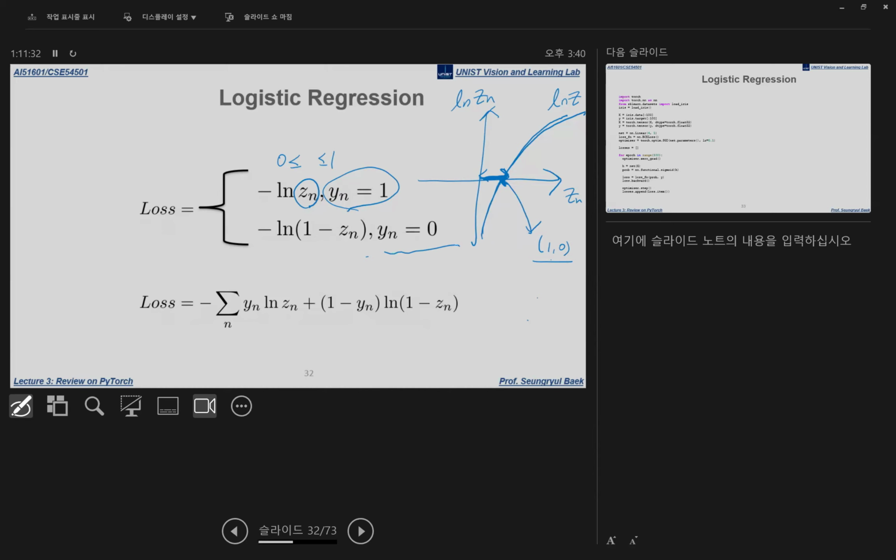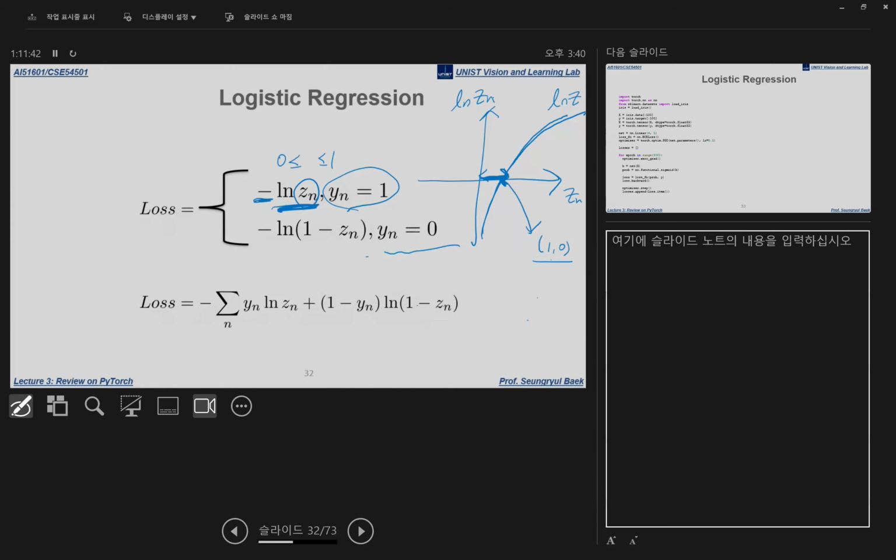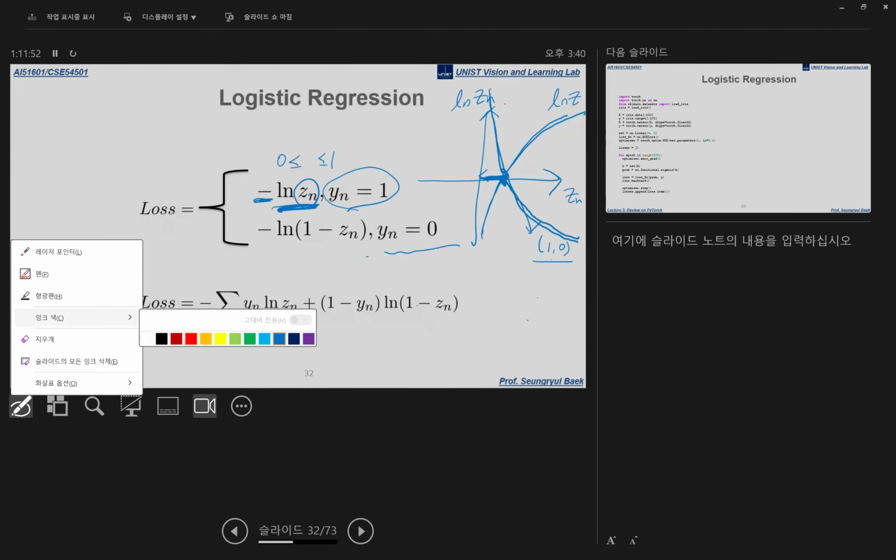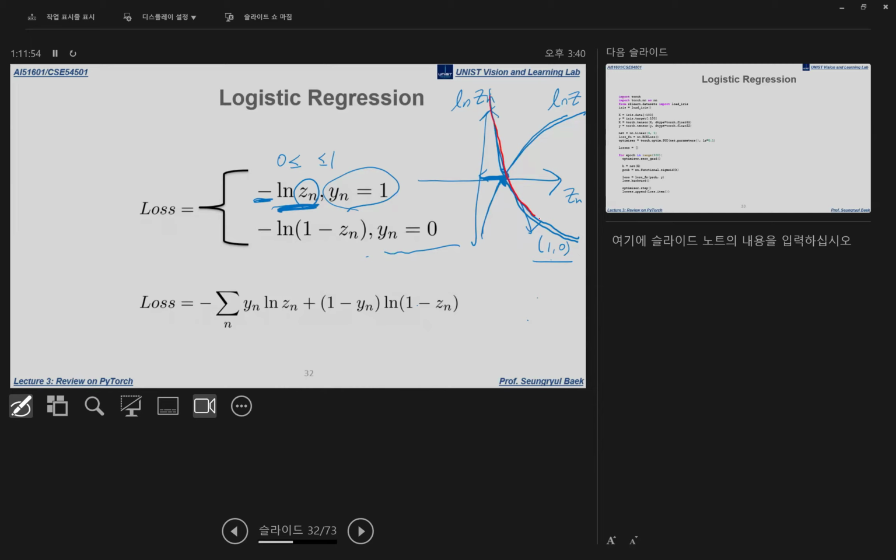Okay, and this is the log Zn graph, but we have a minus sign here, so our actual loss function will be like this. Okay, so this is the graph we will use.